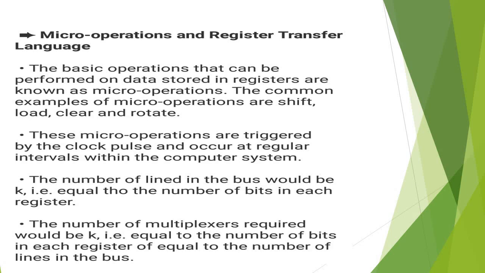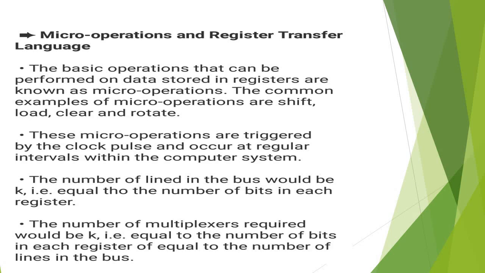Now let's see microprocessor operations and register transfer language. The basic operations that can be performed on the data stored in the register are known as micro operations. The common examples of micro operations are shift, load, clear and rotate. These micro operations are triggered by clock pulse and occur at regular intervals within the computer system.